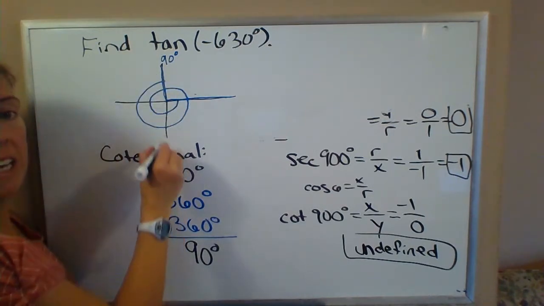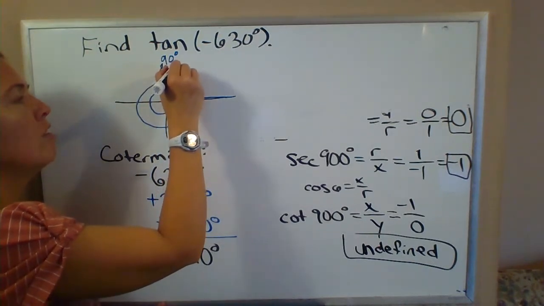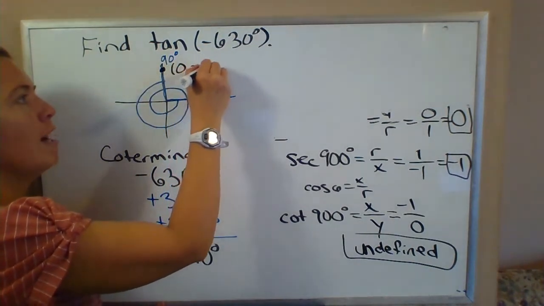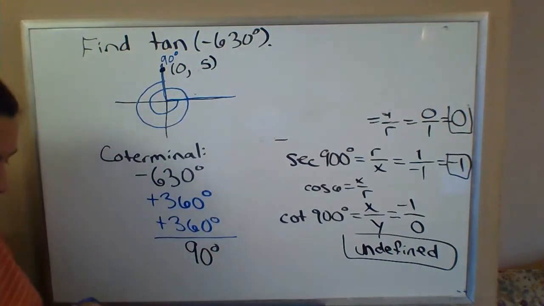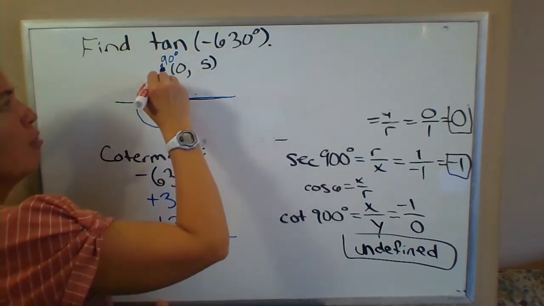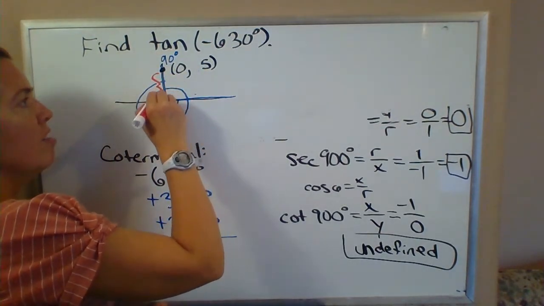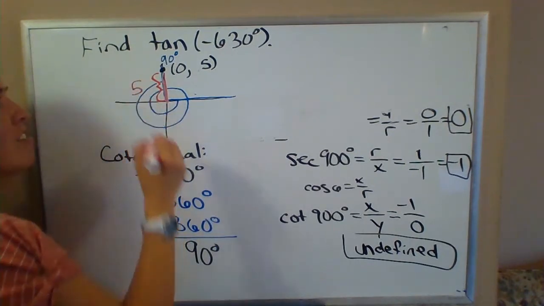So again, we can choose any point we want on the terminal side. Just for something different, I'm going to choose the point 0, negative 5. Or 0, positive 5, I should say. I'm really off my game a bit here in this video. All right, so choose the point 0, 5 on the terminal side. Then r is the distance from that point to the origin. That would be 5 units in this case.